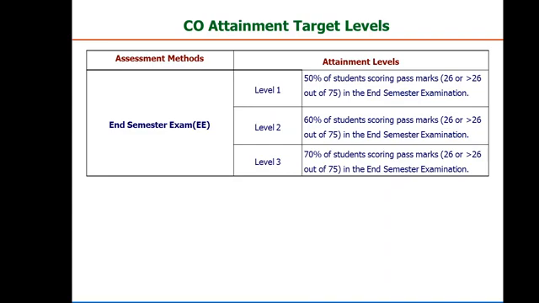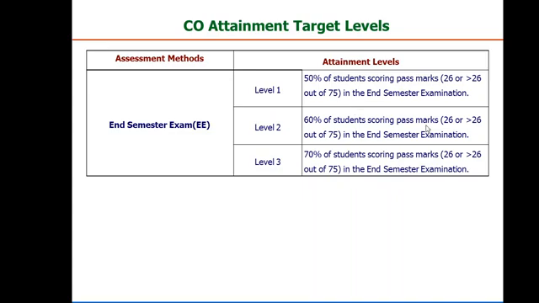For an easy subject, you may consider greater than 26, and equal also you have to consider. For a difficult subject, you can take equal. For an easy subject, take greater than. If 50% of students scored 26 and above in a particular course, make it level 1.